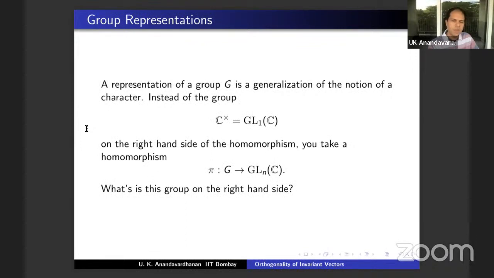If there are undergraduate students in the audience, this is the set of all n by n matrices with complex entries, invertible, so determinant is non-zero, and they become a group under matrix multiplication. That group you fix on the right-hand side, and you consider homomorphisms of your given finite group, and that is what is called a representation.